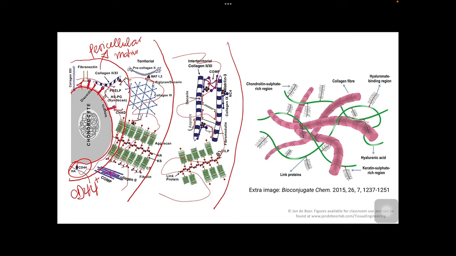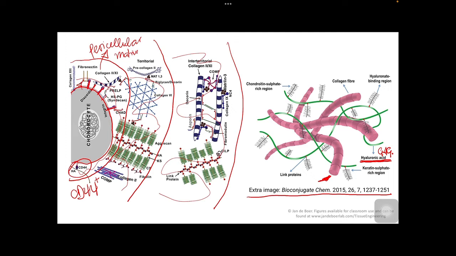And here is a better image that you can see. It is not in the book, but we can use it to see that it's basically fibers of collagen type 2. As I said, collagen type 2 is one of the most important collagens in cartilage, and then it's intertwined with fibers of hyaluronic acid. Hyaluronic acid is an important glycosaminoglycan in cartilage.